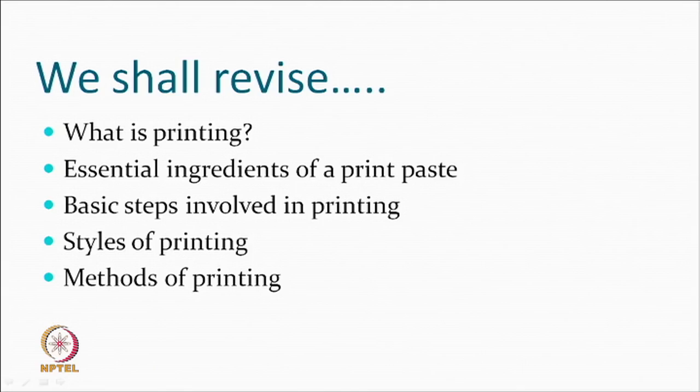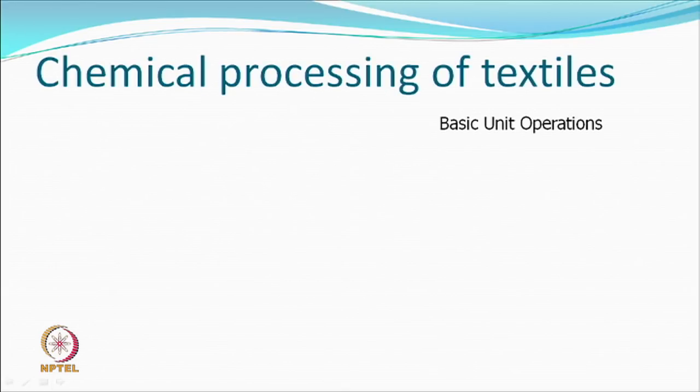So, we revise what is printing. This is one important thing that we would like to know: what is printing. Essential ingredients in a printing paste, basic steps involved in printing, styles and methods. This is in terms of the areas in which we will spend time.